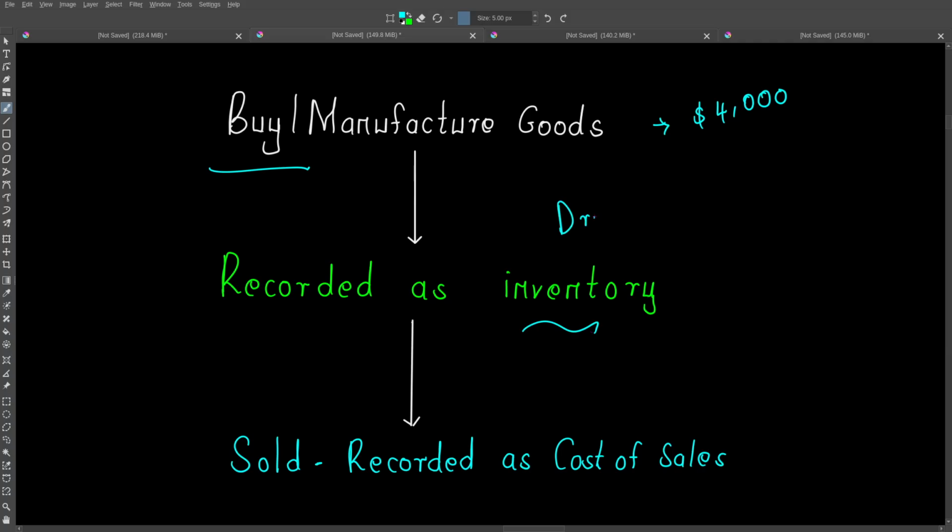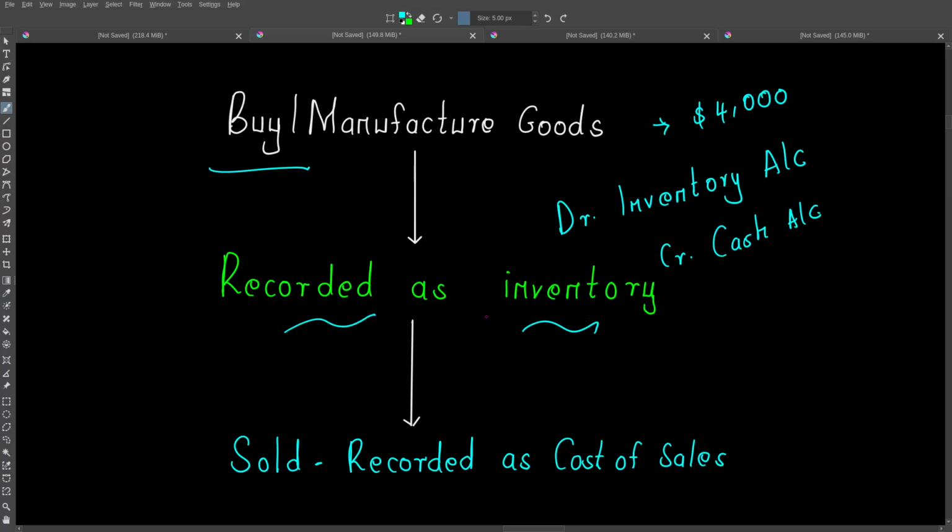We come and debit inventory to show that there is an increase in your stock, okay? We debit inventory account and credit, for example, if you paid with cash, we are going to credit cash account. If you took on credit, then we're going to credit account payable to create a liability, an obligation to pay this amount of money to your supplier, okay?